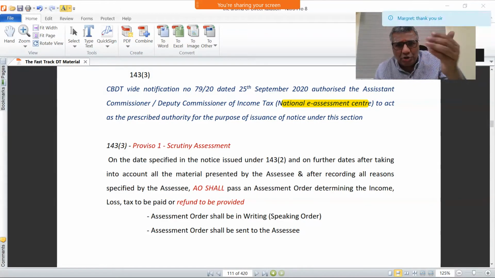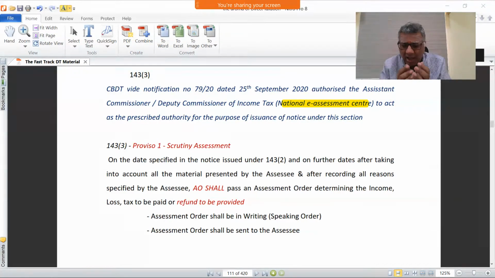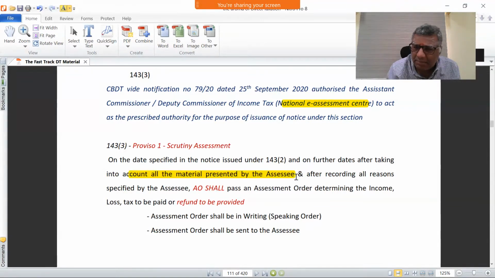For that, he will issue a notice asking you to give books of accounts, documents, give everything in writing. After going through all these things, on the date specified in the notice and on further dates, after taking into account all materials presented by the assessee, after recording all the reasons, the AO shall pass an order in writing determining the income, the loss, tax, and refund to be provided, and send a copy of it to the assessee.